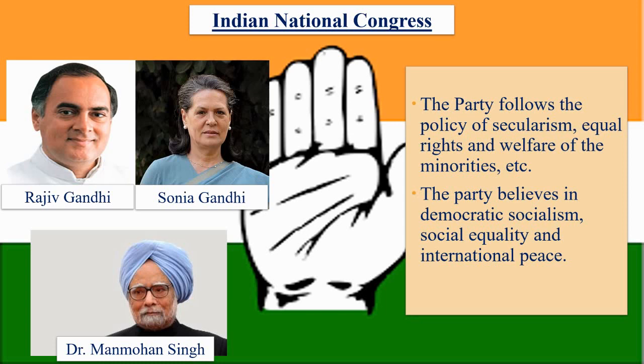And now, in the past few years, Manmohan Singh was the Prime Minister of India under the Congress Party from the year 2004 to 2014. Right now, as well, we have Sonia Gandhi as the Congress Party President.